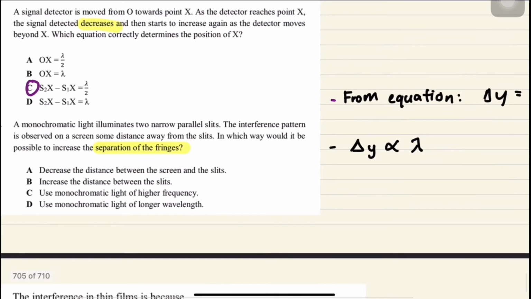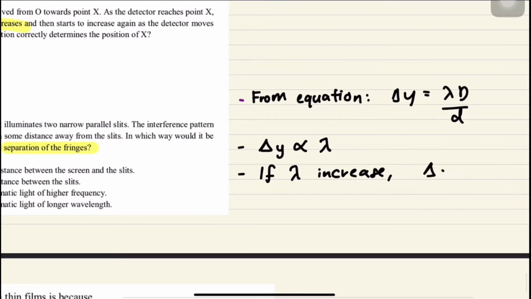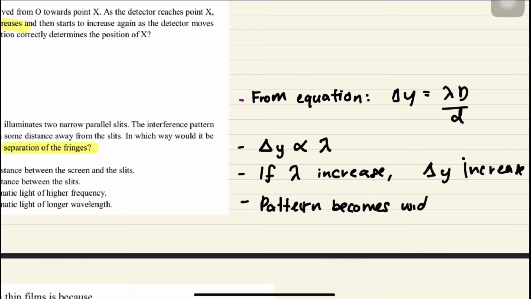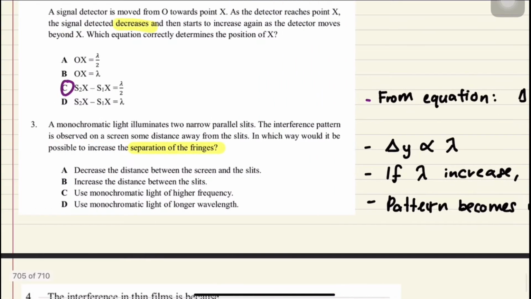So if you use a higher lambda, if lambda increases, delta y increases. The pattern becomes wider.